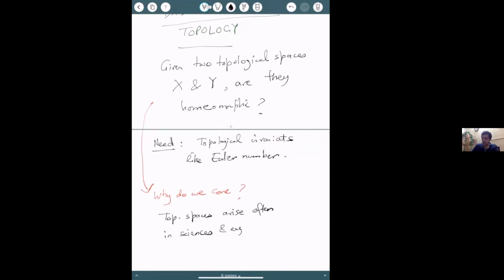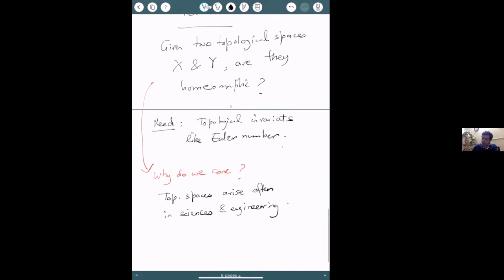I mentioned that it's used in robot motion planning. I'm sure even architecture would have some space. So these topological spaces and geometric shapes of course arise. But let me now mention a few things about how it arises in science.